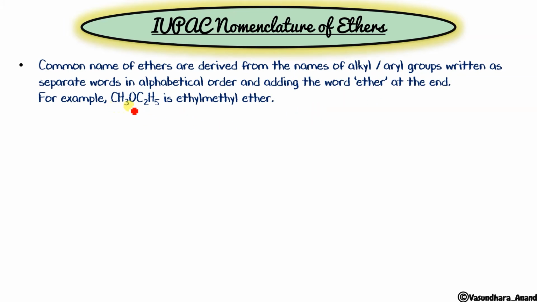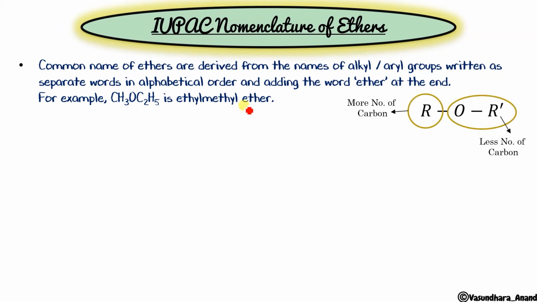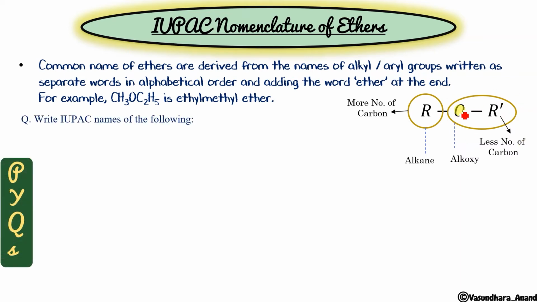Like this is CH3OC2H5, so we can write ethyl methyl ether. But for the IUPAC name, we have to say alkoxyalkane, and the group having more carbons will be termed as alkane, and the one having fewer carbons will be considered as alkoxy.